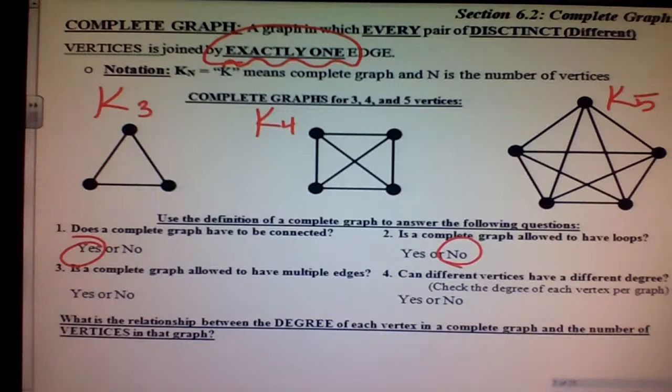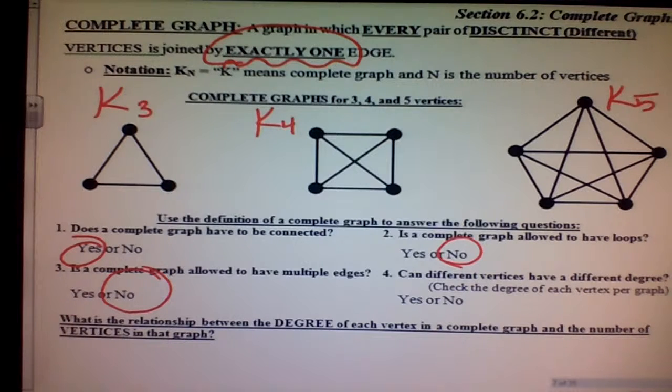There's still no multiple edges in it. Remember, a multiple edge would be like if I did this, and there's 2 lines that connect 2 dots. So you can have more than one line coming out of a dot, but you can't have more than one line coming out of a dot and going to the same dot. So, no, they are also not allowed to have multiple edges.